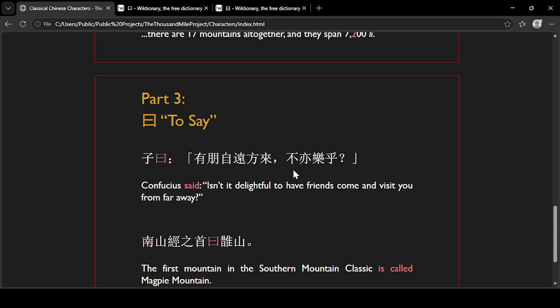And then this quotation from Confucius is, have friend from far place or region come. These two together mean, is it not delight, joy, and then this basically means a question mark.